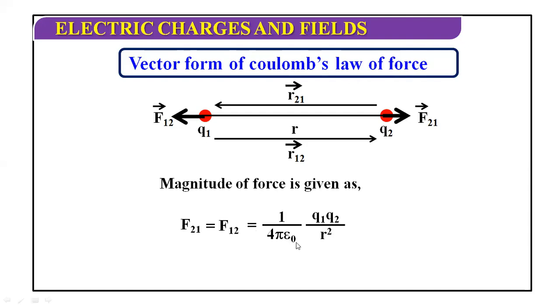So epsilon naught is the factor which decides how much force will pass through the air from one charge to another. This whole thing is a constant, and this is called k. And the value of epsilon naught, we know, is 8.854 into 10 raised to the power minus 12.